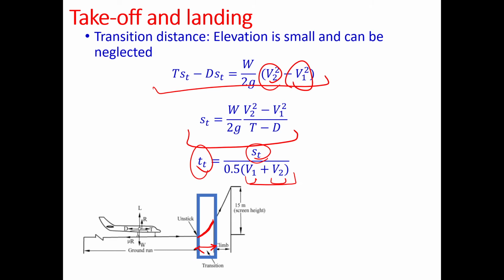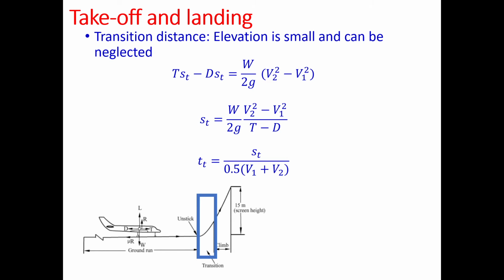We are going to find the average, and just by dividing the distance by this velocity, you are going to get the time, right? So a lot of assumptions, a lot of approximations in the analysis of landing and takeoff.